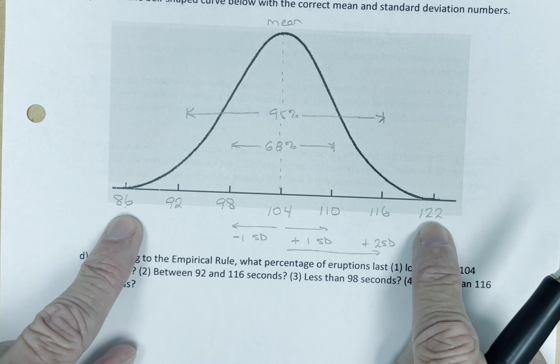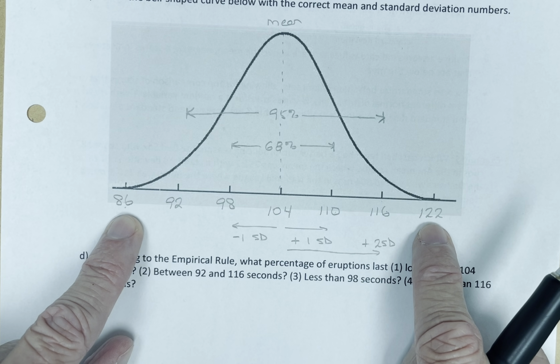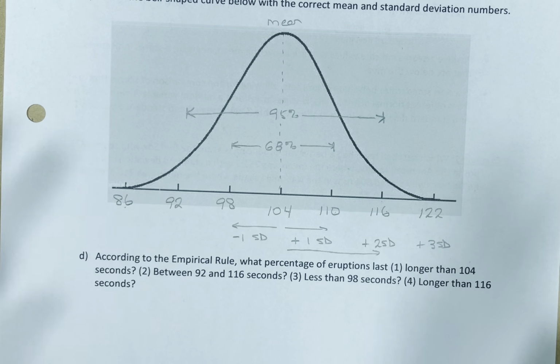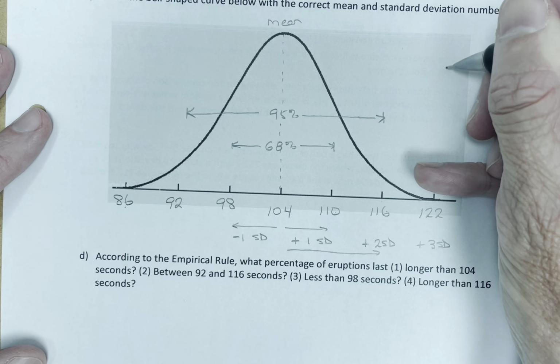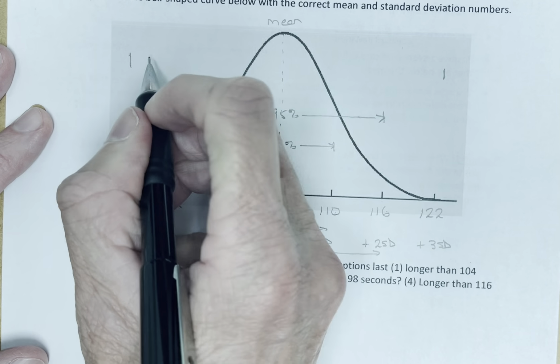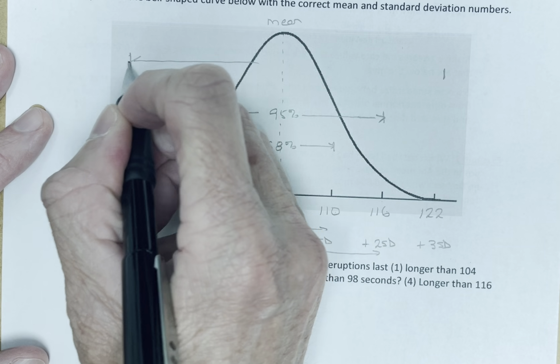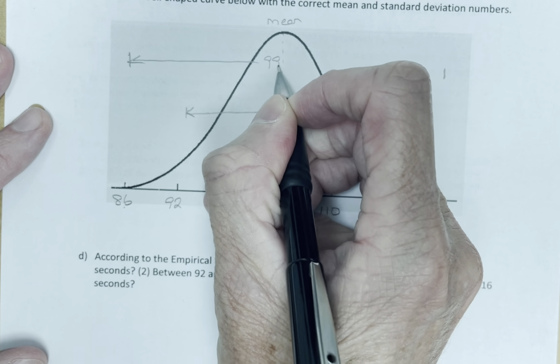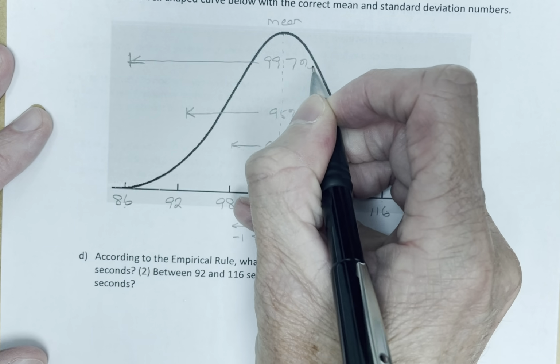And now we know there are 3 standard deviations. The empirical rule is 99.7%. So if I can draw this reasonably closely, 99.7%.